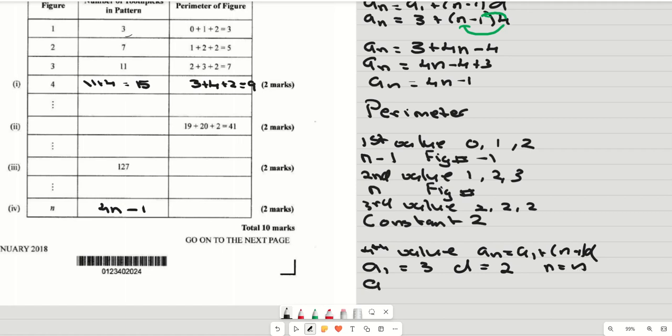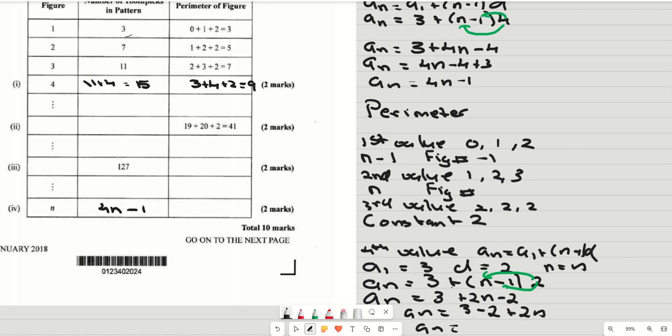So that means an is equal to a1, which is 3, plus open bracket n minus 1 by d, which is 2. According to the law of distribution, you're multiplying each term by the bracket. So that's n by 2 is 2n, plus 2n minus 2. So an is equal to 3 minus 2 plus 2n.